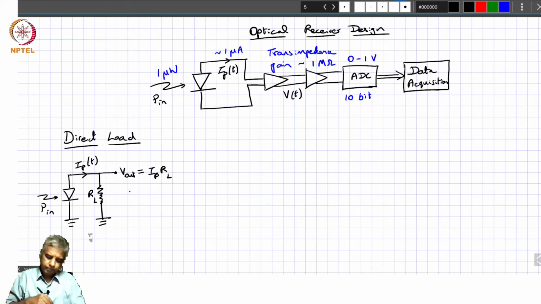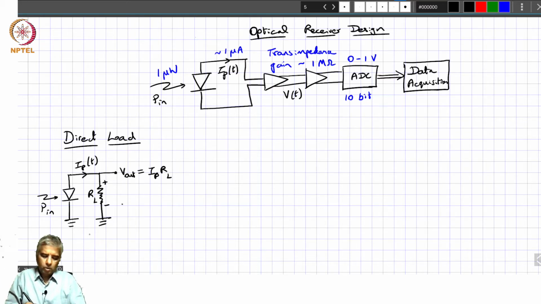Now what really is happening over here? Well, the photocurrent actually flows through this resistor, and so there is a potential difference, which is what you are trying to pick out over here.